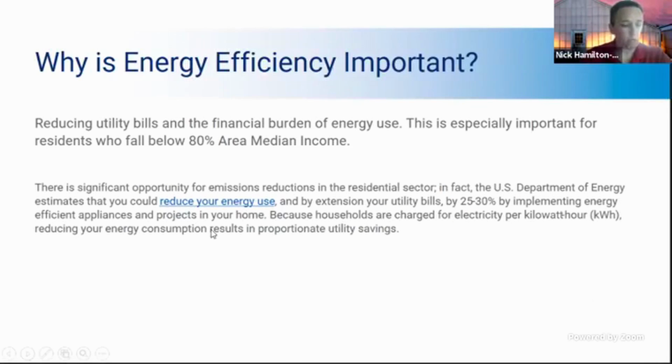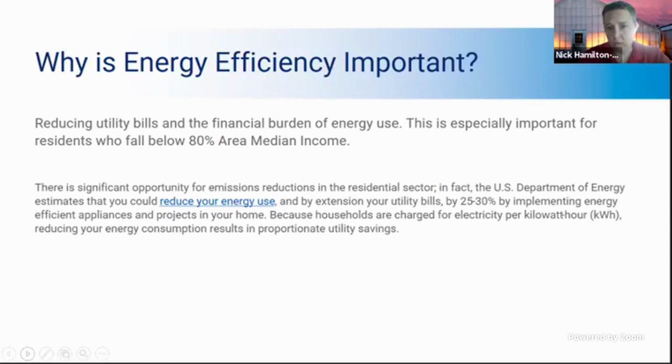Being energy efficient in our homes leads to reduced utility bills and less financial burden from energy use. By reducing a significant portion of our emissions in the residential sector, we can reduce our energy bills. So there is a significant opportunity for emissions reduction.